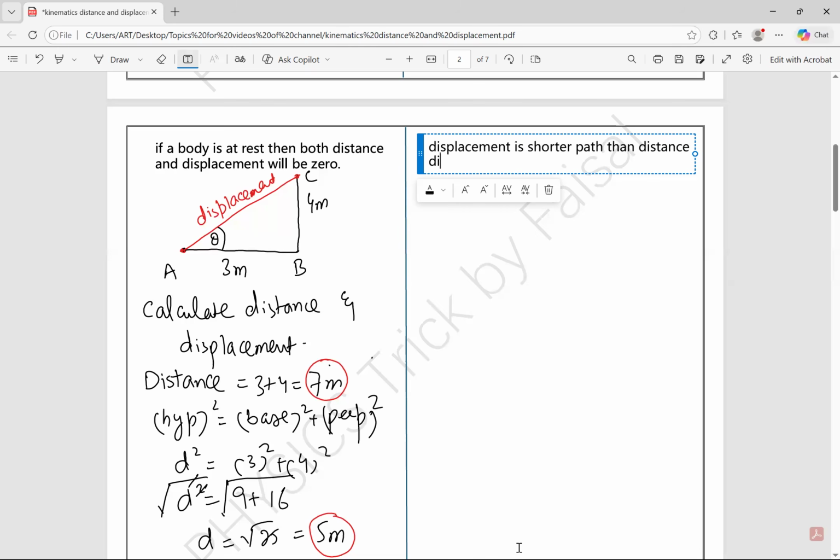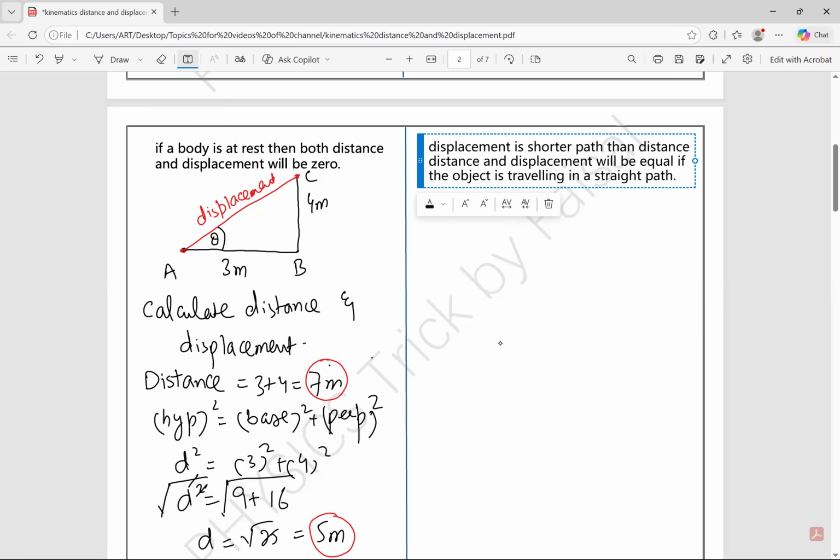So we can say that distance and displacement can be equal if the object is traveling in a straight path.